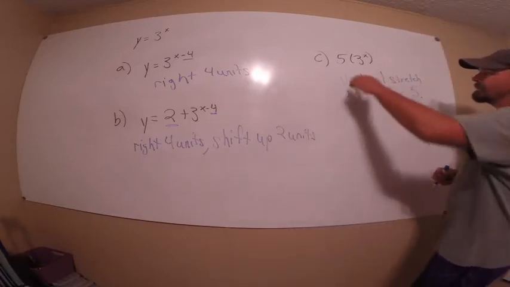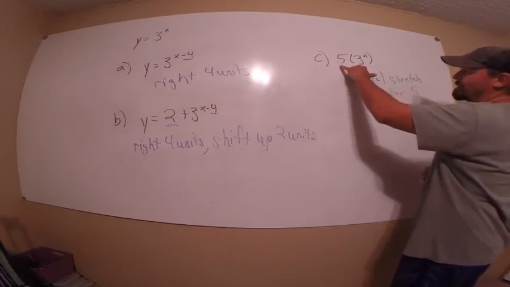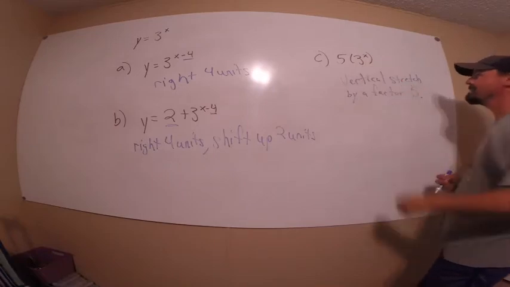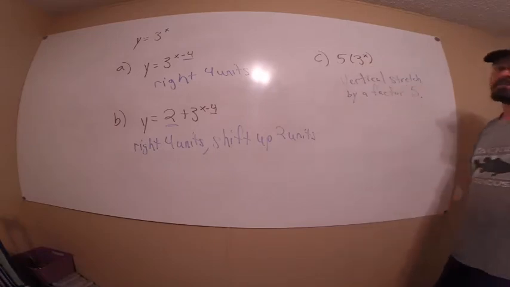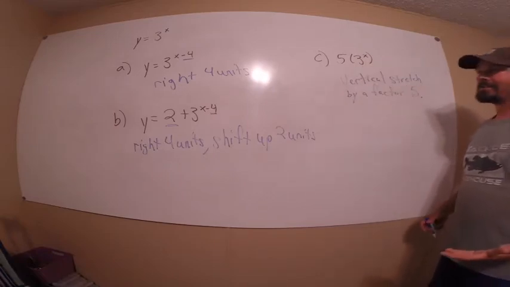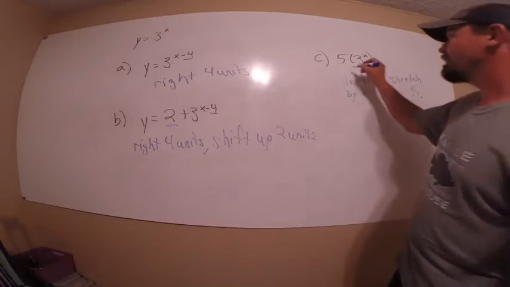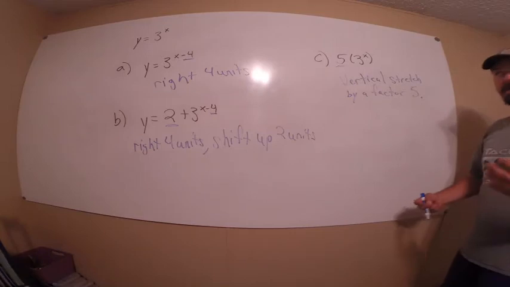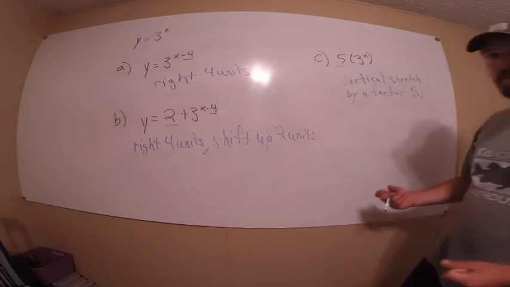Okay? Because it's on the outside, it's associating with this 3, it's not associating with the x. We're going to have a vertical stretch by a factor of 5. It's that simple. If you know your rules, these should come out really, really easy. You just got to take a little bit, memorize, and figure them out. You'll be good to go.